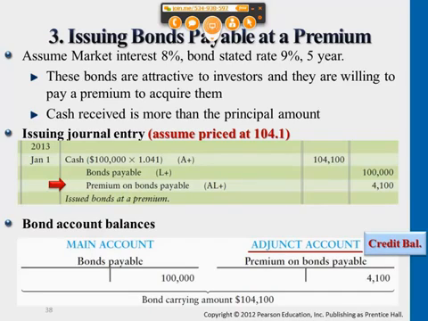So what is the premium amount here? Face value is $100,000. Premium would be how much? Just $4,100. Just like a discount, we will take care of it later on. We will have to amortize it every half a year.